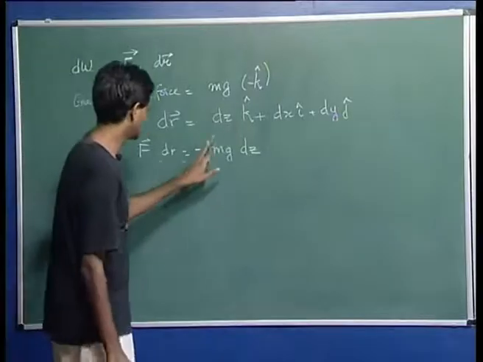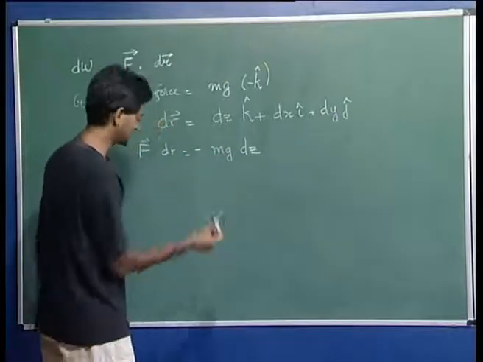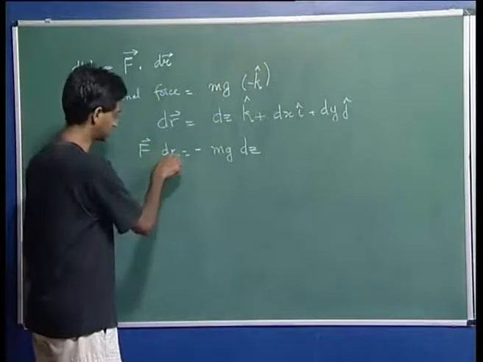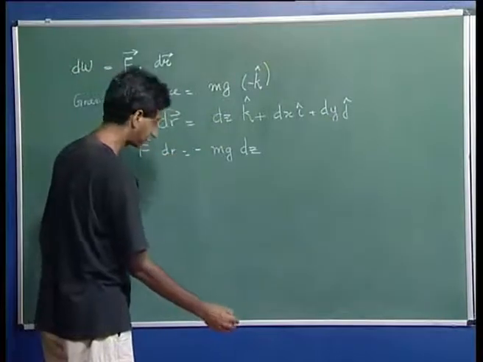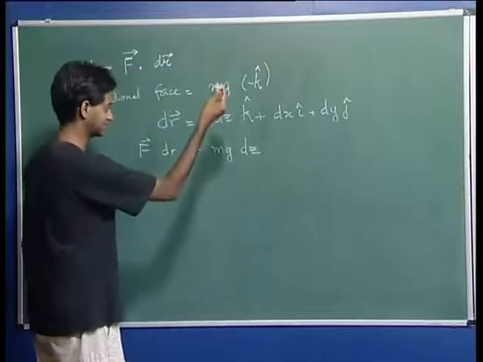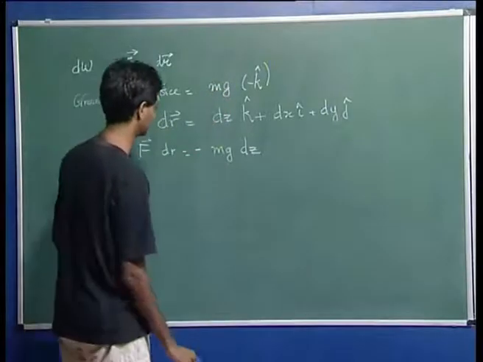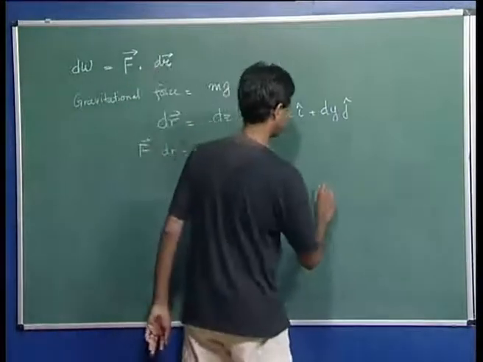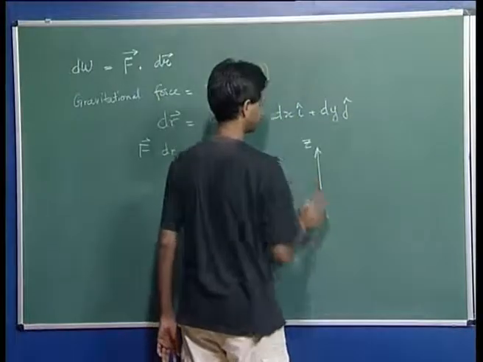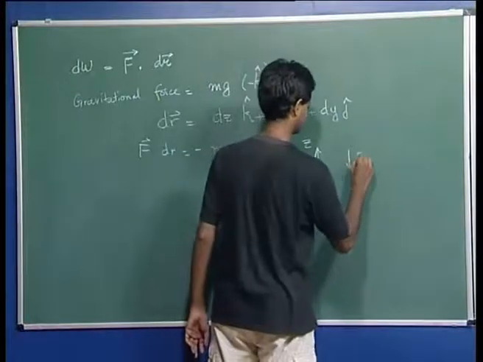If dz is negative, then the force does work in pushing the body down. If dz is positive, that is in the upward direction, then you have to do work to push this body. We assume this is the z direction and the force is acting in this direction.